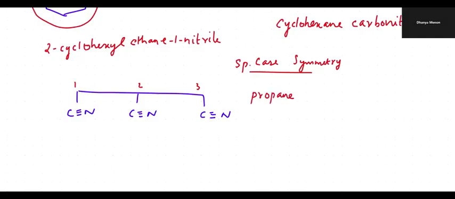So propane, at the first position, second position, and third position, I have carbonitrile. So how many carbonitriles are there? 3 carbonitriles are there, so tricarbonitrile.